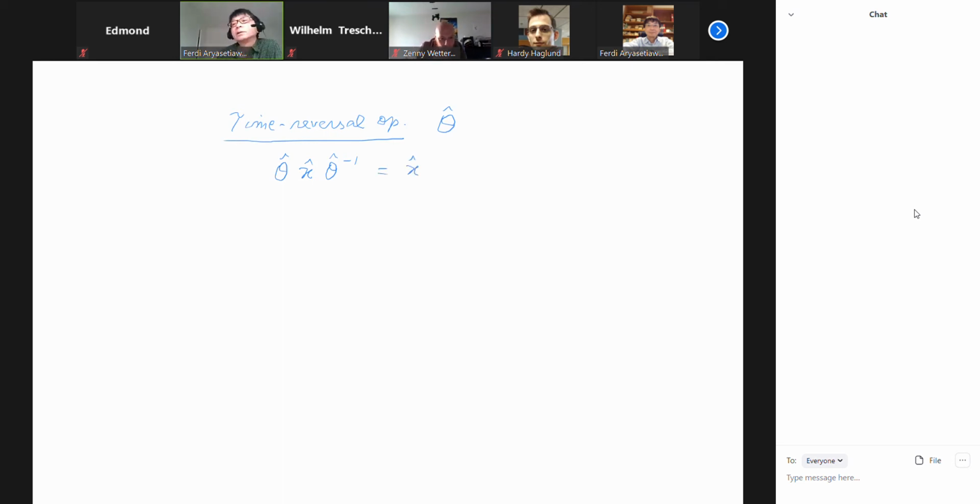So it does not alter the position operator, which also implies that it commutes with the time reversal operator. However, with respect to momentum, time reversal reverses the momentum from p to minus p. So it means that it anti-commutes with the time reversal operator.